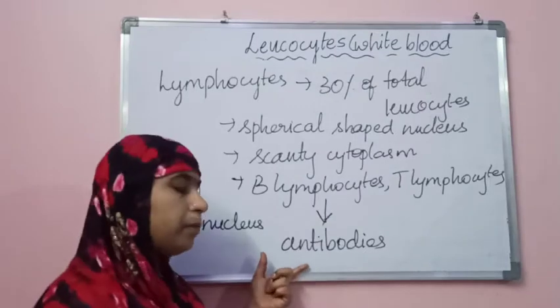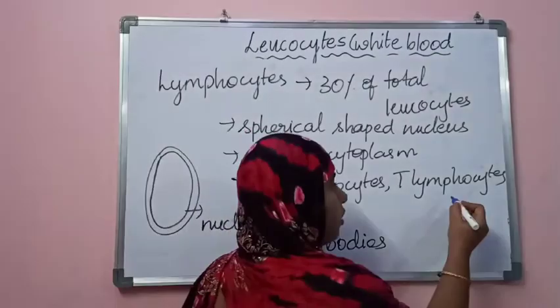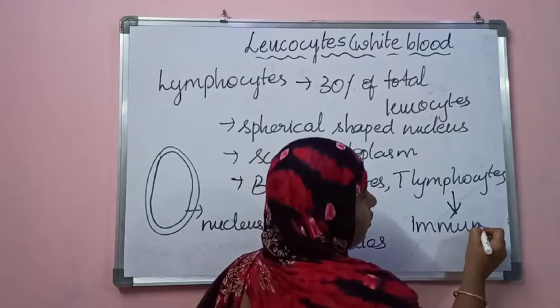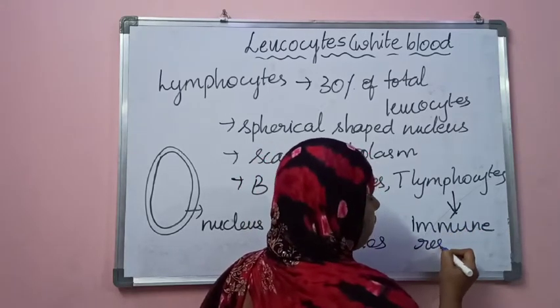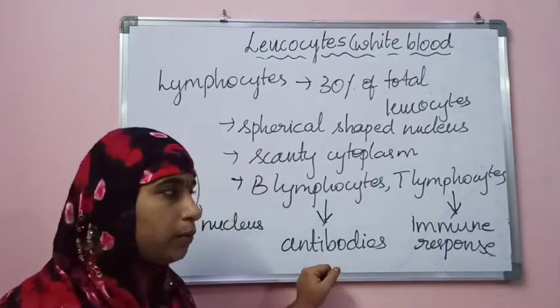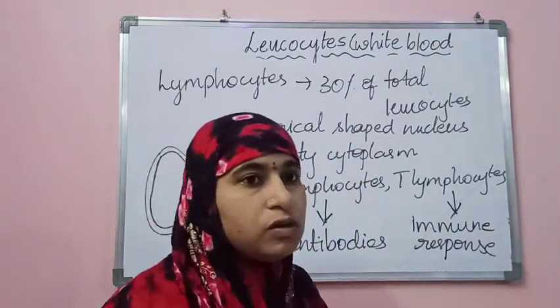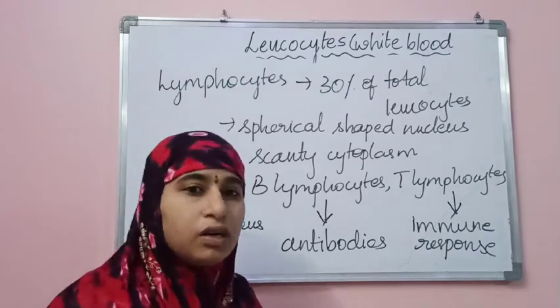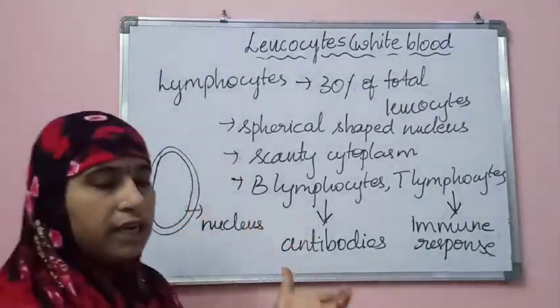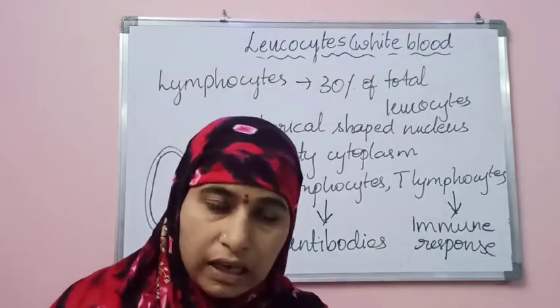The T lymphocytes are helpful in the production of the immune response. If a foreign substance enters into our body, immediately the T lymphocytes will start responding with an immune response in our body.